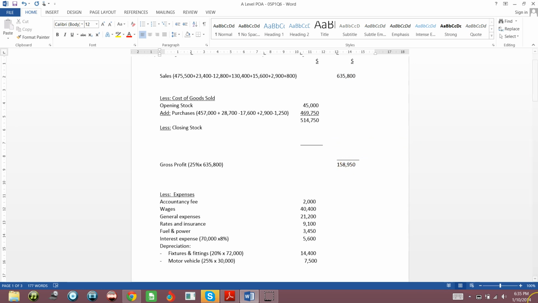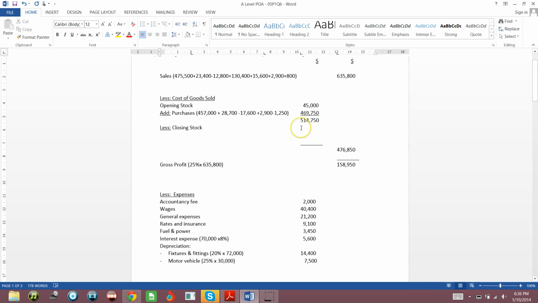So the difference will be my cost of goods sold. So I calculate 635,800 minus 158,950. So that will be 476,850, which is my cost of goods sold.